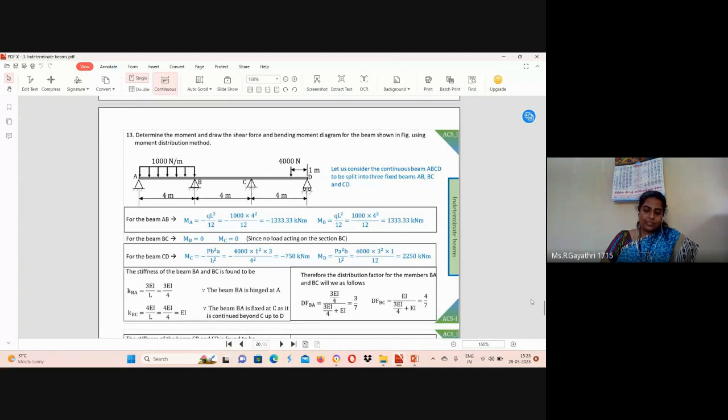MB LBC plus 2MC times LBC plus LCD, plus MD LCD, is equal to minus 6 times ABC XB bar by LBC plus ACD XD bar by LCD.